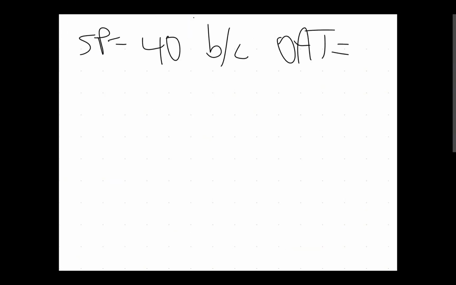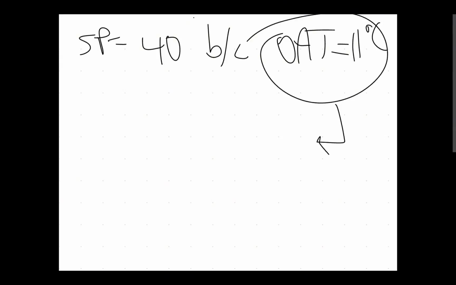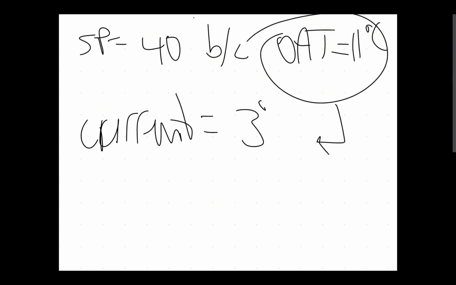So with this specific example, after looking online and looking at the programming on my laptop, I was able to see that the reading we were getting was because it thought the outside air temperature was 11 degrees. In reality, it was much colder, closer to 2 to 3 degrees, which was causing a pretty big gap, especially in the wintertime, and it was affecting tenants' rooms.